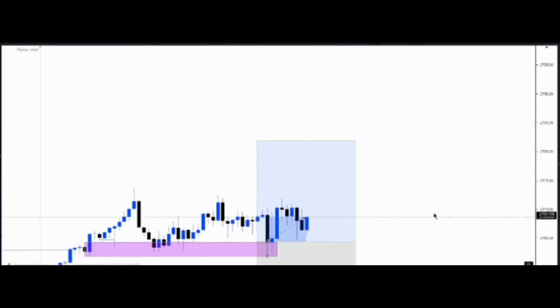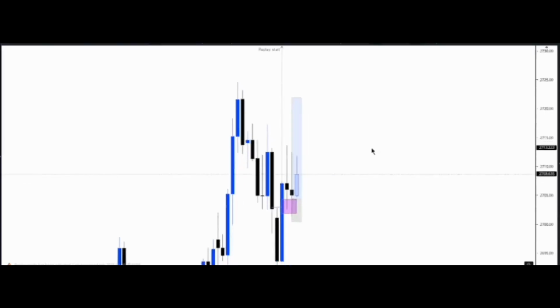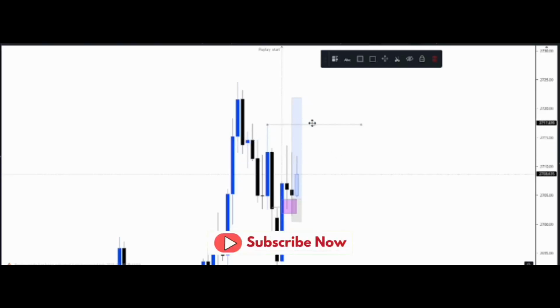And where is our TP? Let's get back to the 4H and identify the TP here. So the first TP will be this one. If it goes our way, that is going to be the first TP. And the second one is this one.